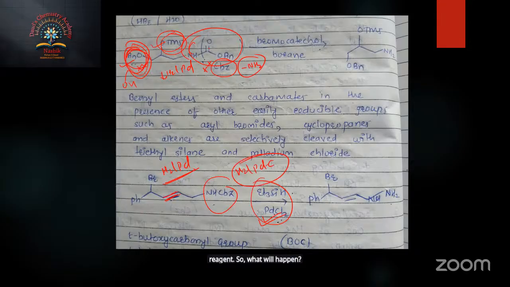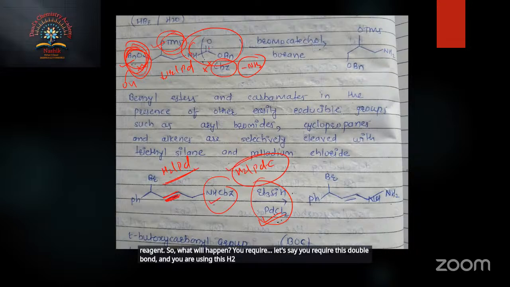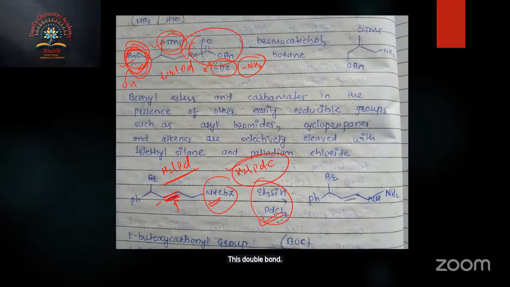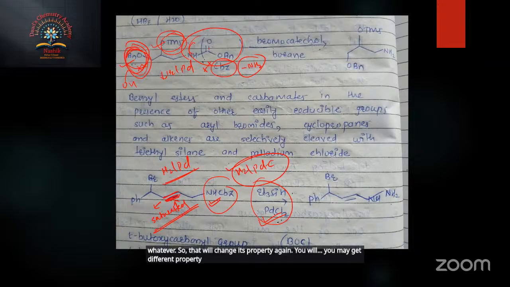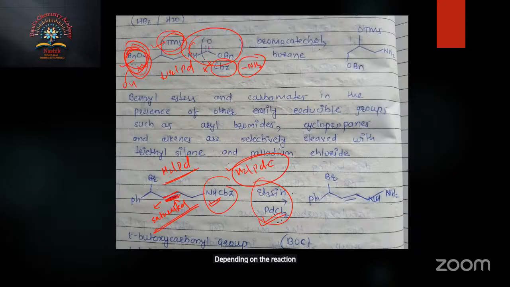Let's say you require this double bond and you are using H2/Pd-C. It will deprotect this as well as reduce this double bond. So the unsaturated ring will become saturated and you will get a different moiety, different product, different intermediate. That will change its properties again, and you may get different properties for different structures, depending on the reaction conditions and your starting moiety.